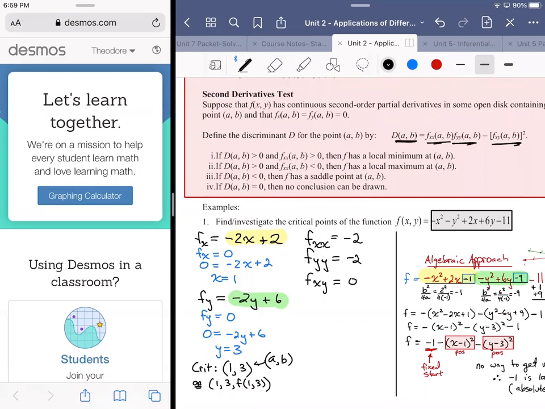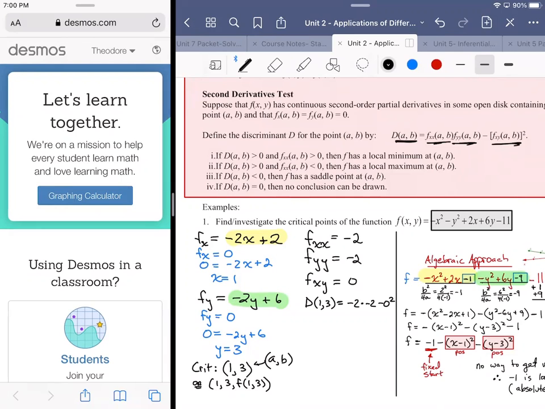All right, so my D doesn't relate to the critical value. So I could say D of (1, 3) if I want, but it could have been D of shoes and socks. It doesn't make a difference because these are constant, right? So negative 2 times negative 2 minus 0 squared.